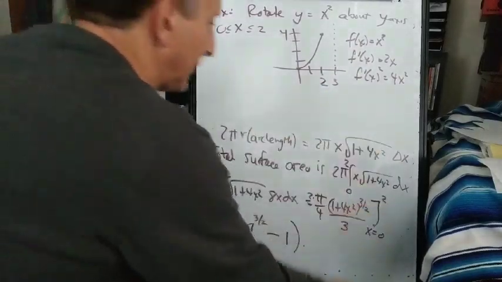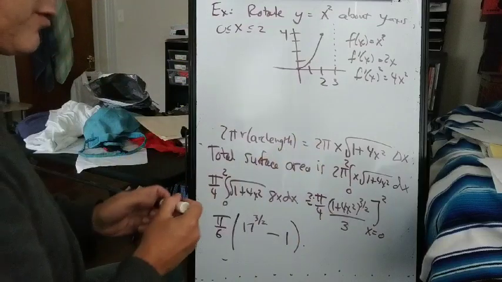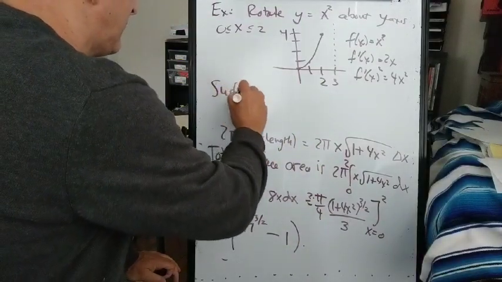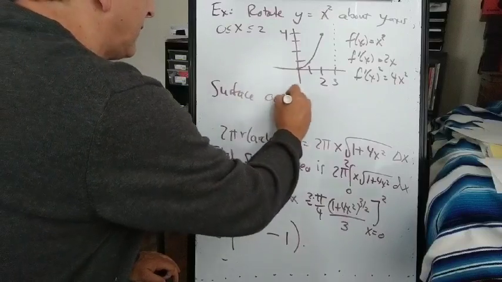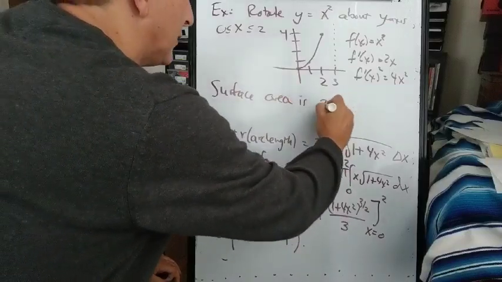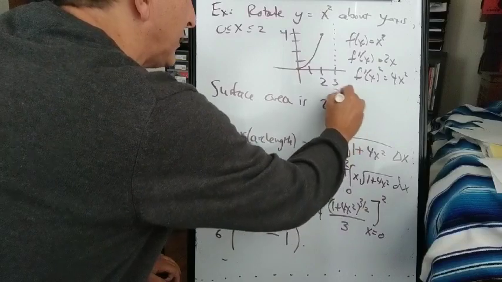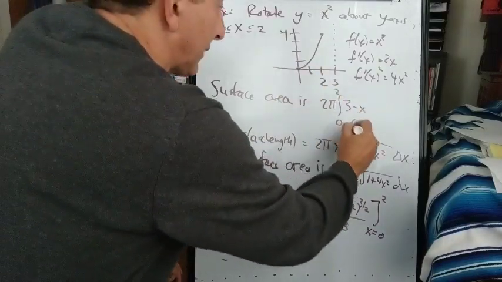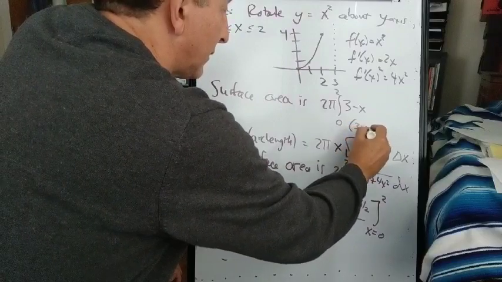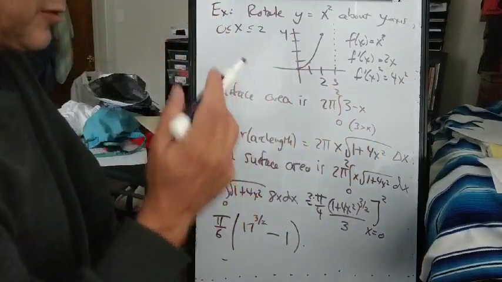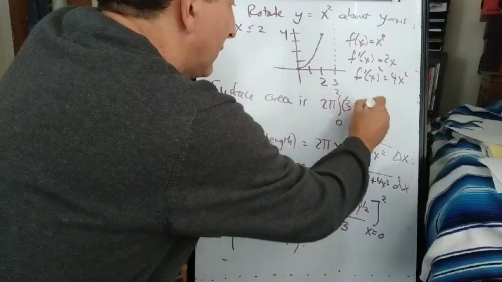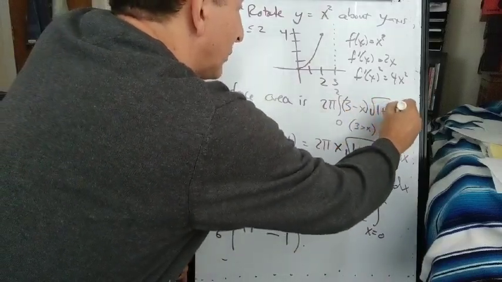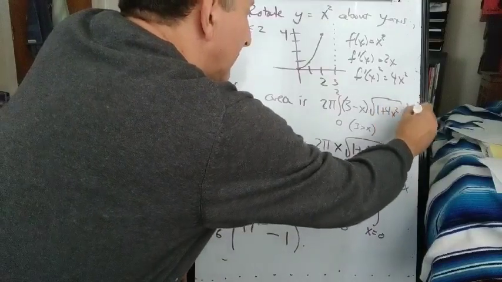So let's just set up this integral, the same thing with a 3 minus x in place of the x. So 2 pi, the integral from 0 to 2, 3 minus x, because 3 is bigger than x, that's the absolute value of x minus 3, times the arc length part, the square root of 1 plus 4x squared dx.